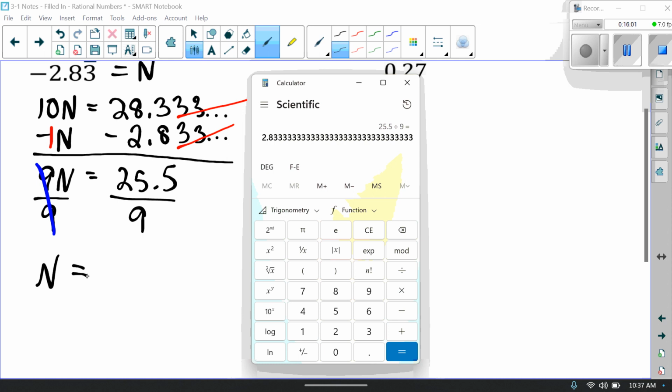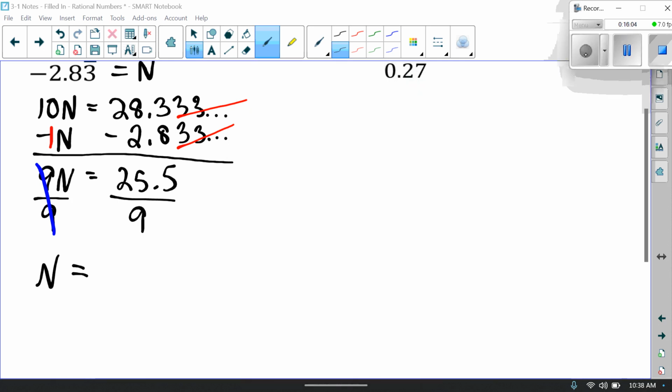We don't want decimals in our fraction, so we need to move this decimal to the right, and we need to move another decimal to the right. What do I do with that loop right there? Add a 0. So this is our fraction, 255 over 90.